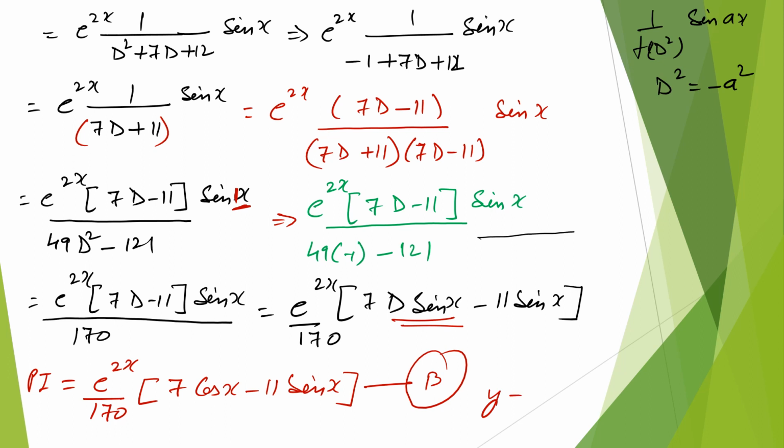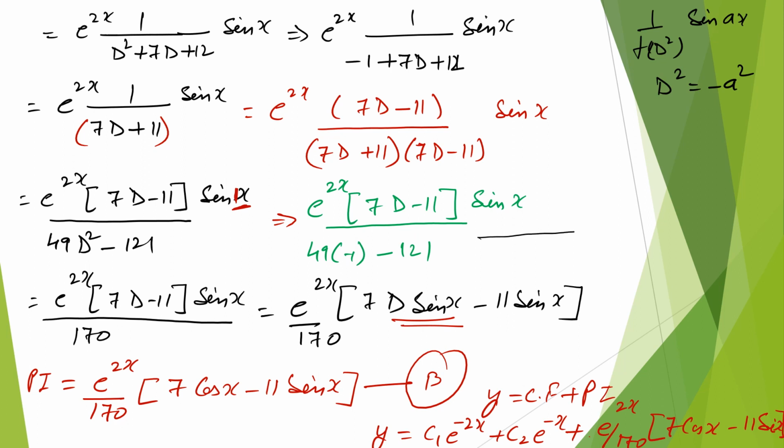So finally we have to find the solution, that is y is equal to CF plus PI. That means y is equal to c1 e to the power minus 2x plus c2 e to the power minus x plus e to the power 2x over 170 into 7 cos x minus 11 sin x.